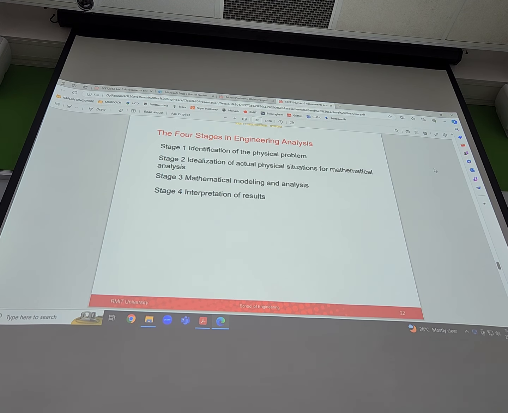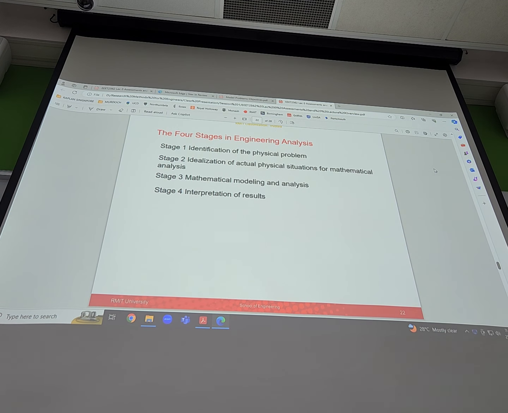So the four stages in the engineering analysis are, first, identification of your physical problem. So the first part of your assignment is coming out with the research question, research problem, and the basic objectives. Then you are going to come out with an engineering model.